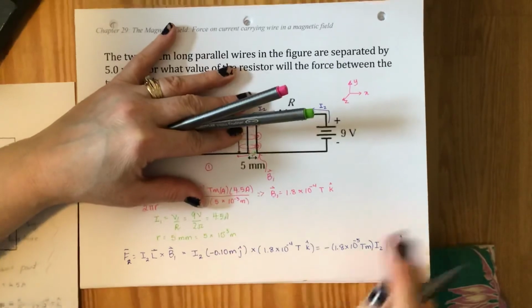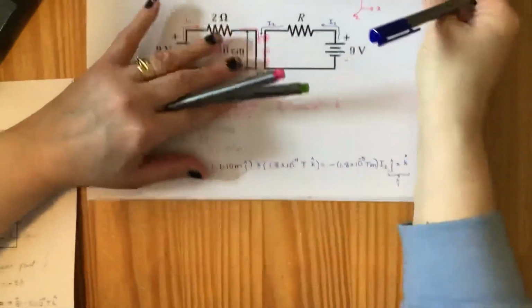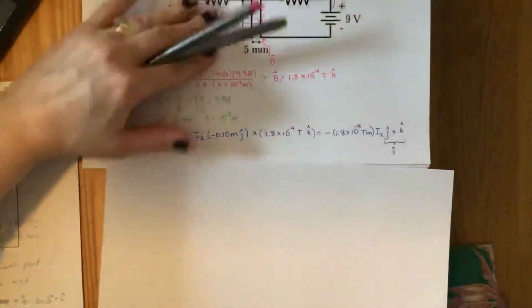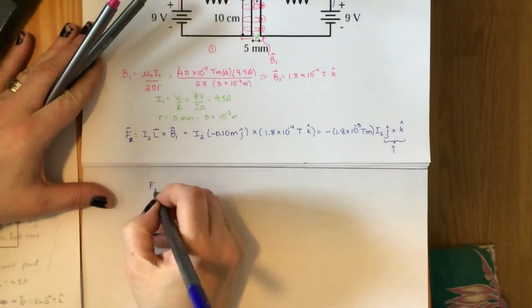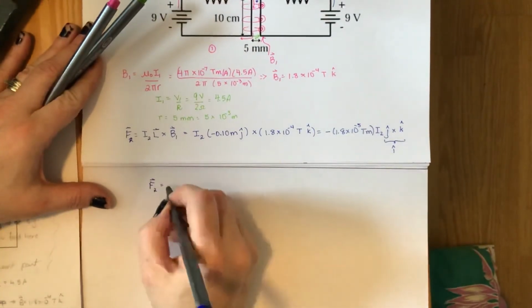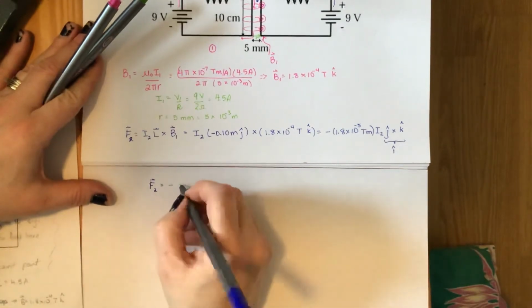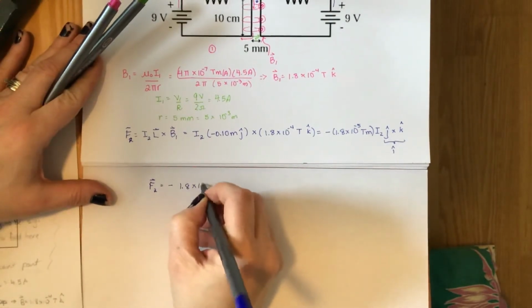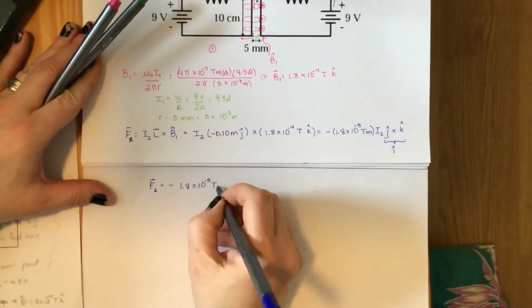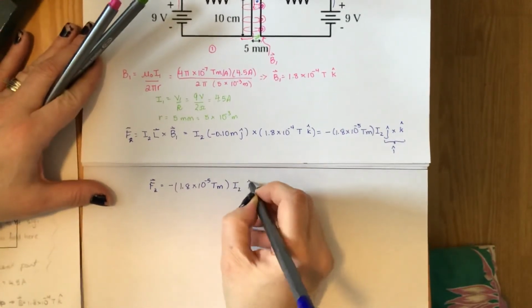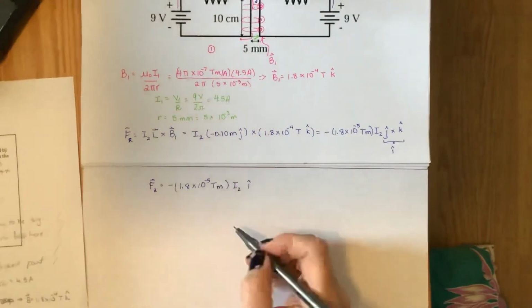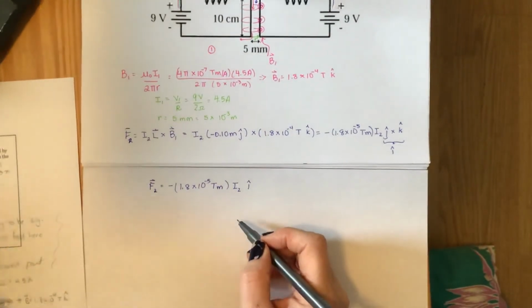So then our force F2, I'm running out of space here, I'll go down onto another sheet. Our force F2 is equal to minus 1.8 times 10 to the minus 5 Teslas times meters times I2, and that direction is negative i hat, or to the left.